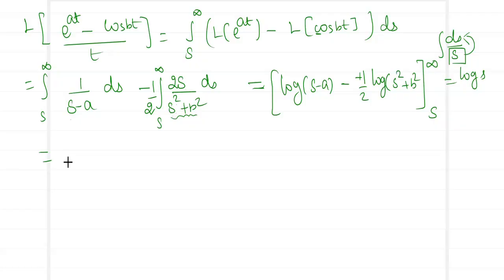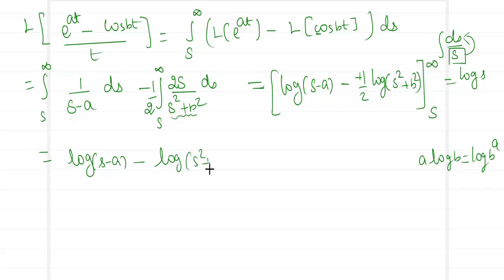Now, in the next step, I can write it as log of s minus a. This half can be taken to the numerator because I know a log b can be written as log of b to the power of a. So this half can be taken to the numerator as log of s square plus b square whole power half, with infinity to s.